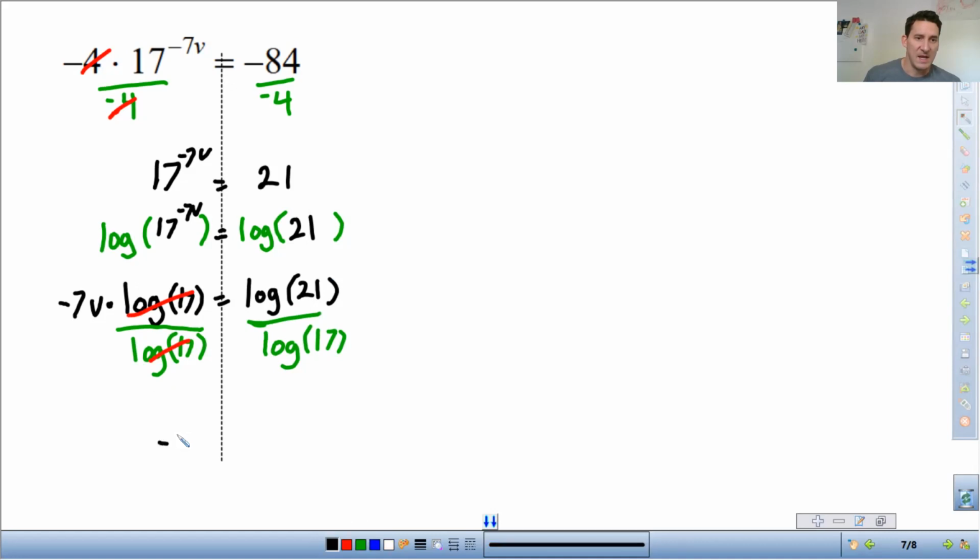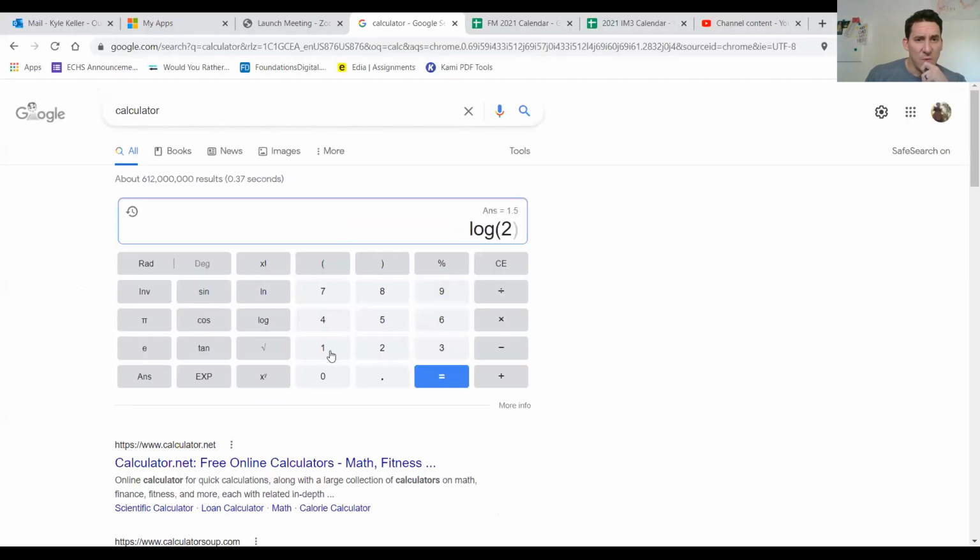I will get negative 7b is equal to, I need a calculator for that one because that's a mess. Log of 21 divided by log of 17. That comes out to 1.07. I'm going to round that up to 1.075.